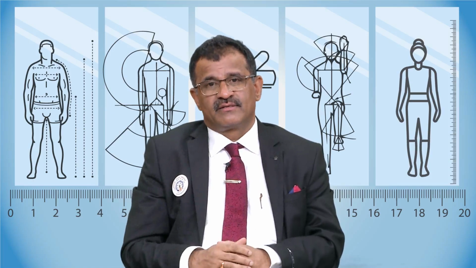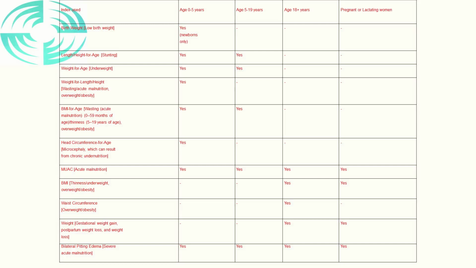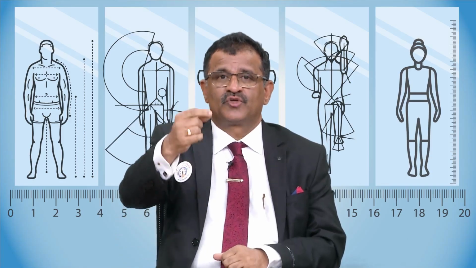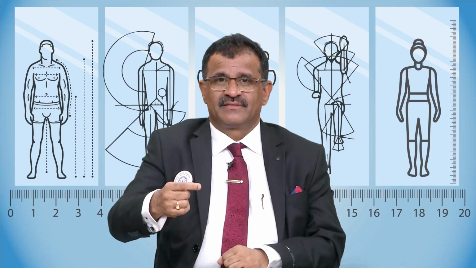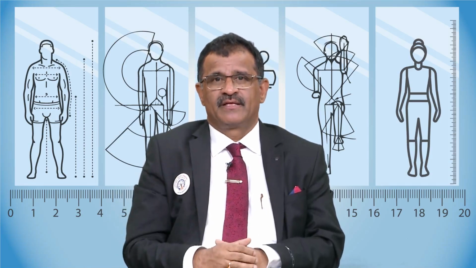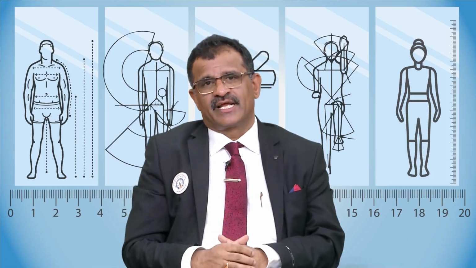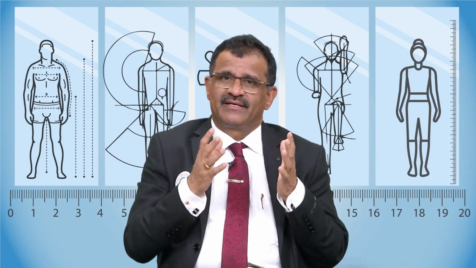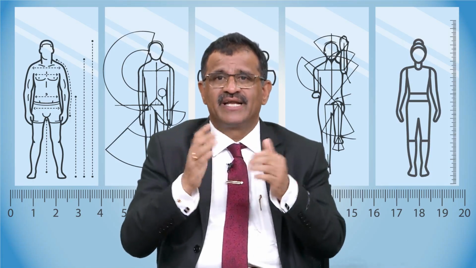So, here I am showing you one table. From this table we can understand what are the anthropometric indices, what are their readings in case of 0 to 5 years children, then in case of 5 to 18-19 years children and adolescents, and in age 18 plus above, that means in adults.